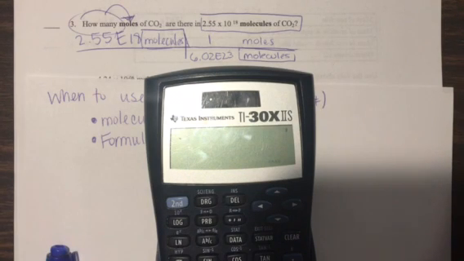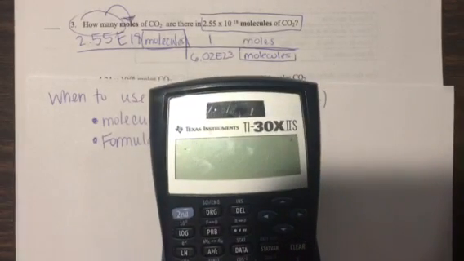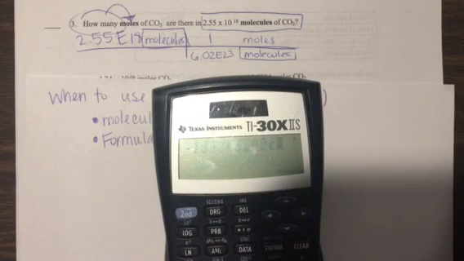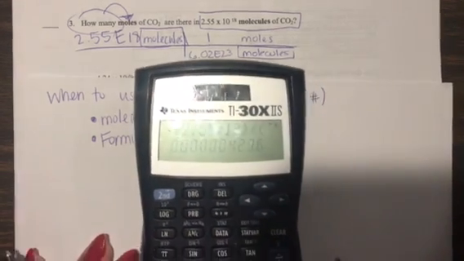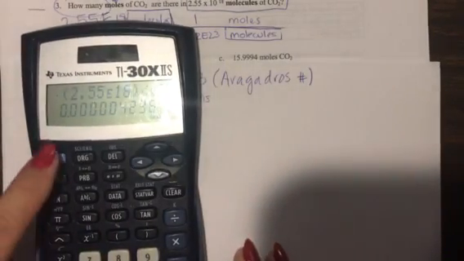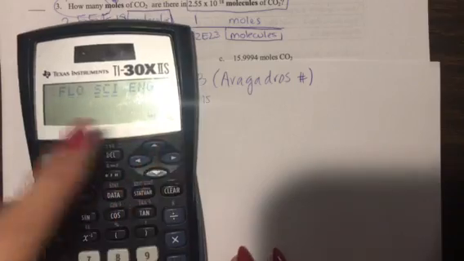Yes. Okay, thank you. Okay, what answer did you guys get? Okay, so I got this really long number, can't really see it, 0.00004, but I'm going to put it in scientific mode.